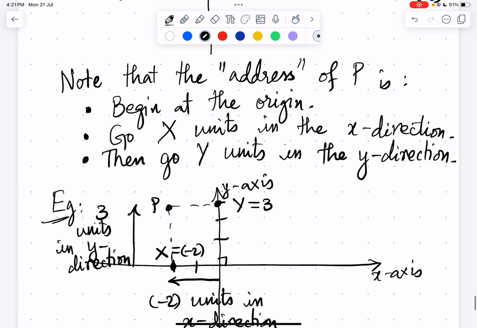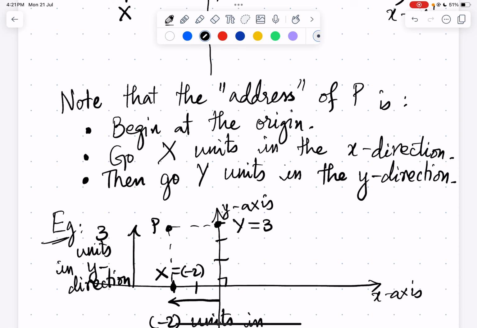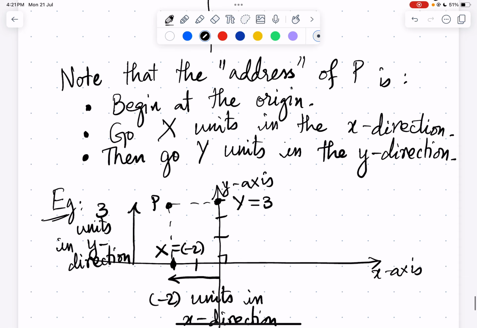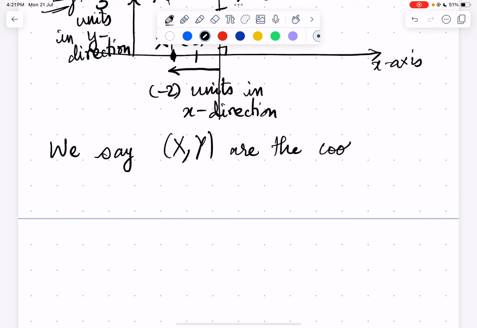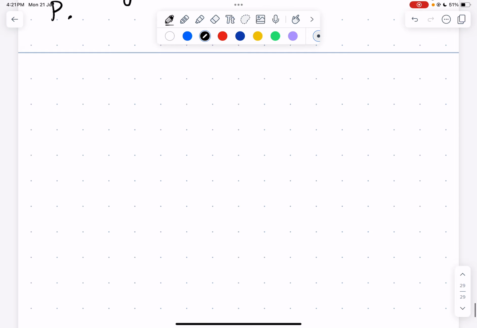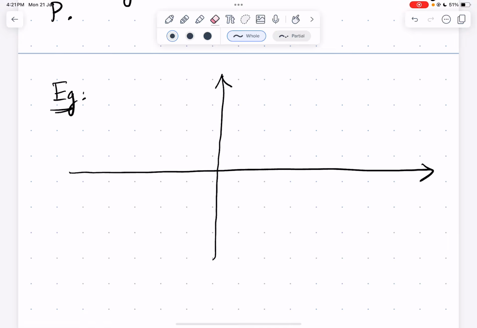So in this situation, the address of P is: begin at the origin, go capital X units in the x direction, then go capital Y units in the y direction. In this situation, we say capital X, capital Y are the coordinates of P. For example, we'll consider lots of points just to gain acquaintance with the notation.